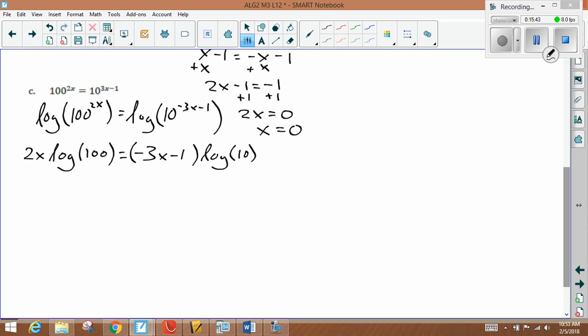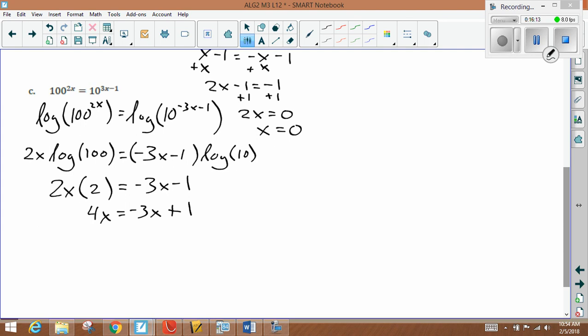And now I can get some numbers for these logarithms. Log base 10 of 100 is 2. That's correct, because 10 squared is 100. And log base 10 of 10 is 1. So this becomes 4x equals negative 3x plus 1.